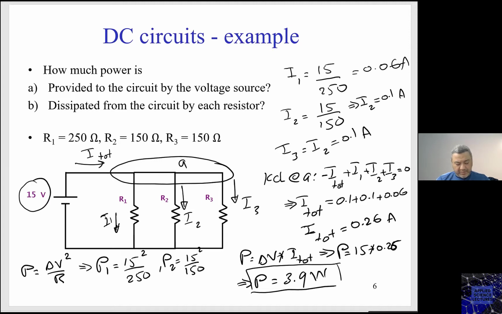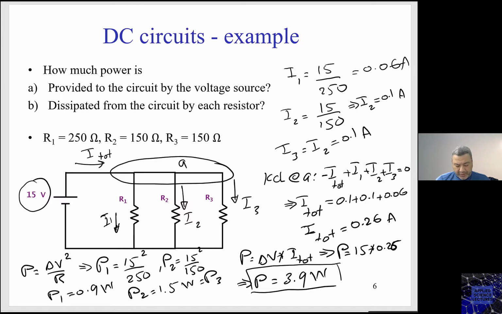In this case, P1 is 0.9 watts and P2 is 1.5 watts, and this equals to P3.